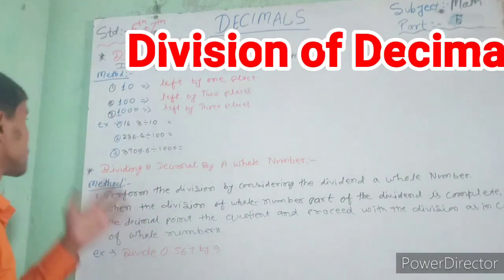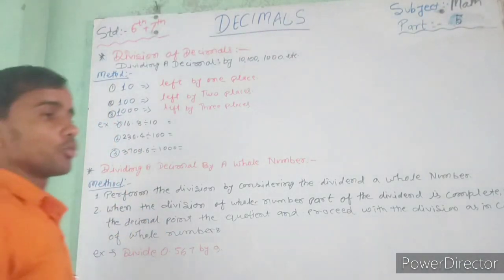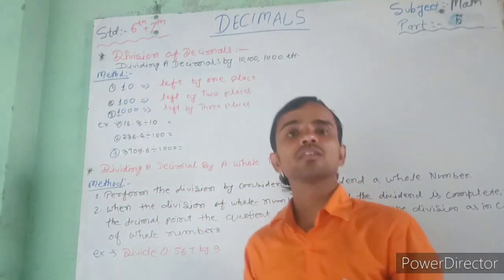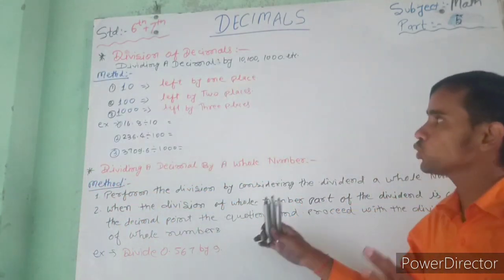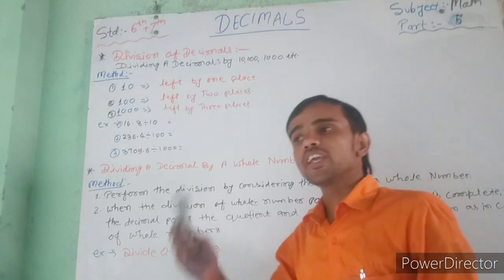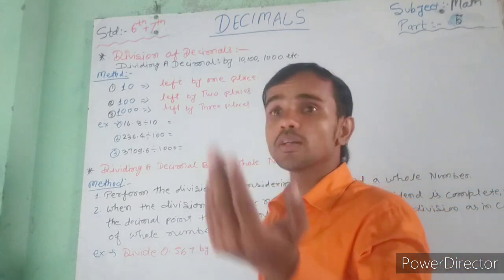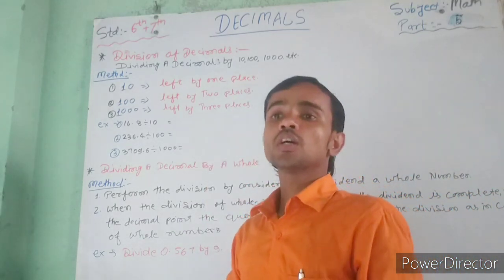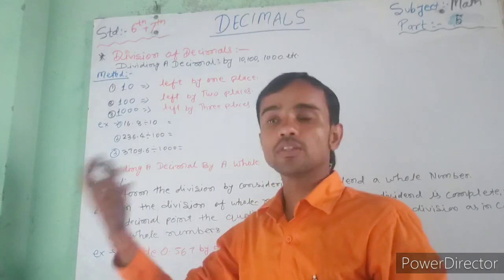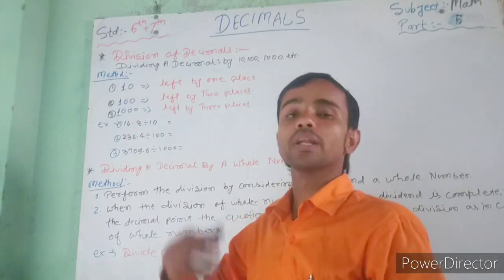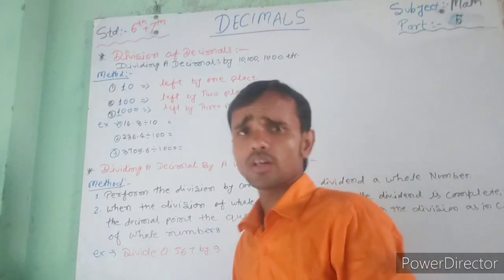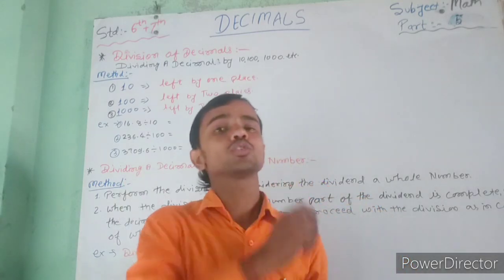So my dear students, first you see what is written on the board. These are some methods for solving any type of question. Just like in multiplication, where we multiply with 10, 100, 1000, 10,000, etc., the same process applies here.